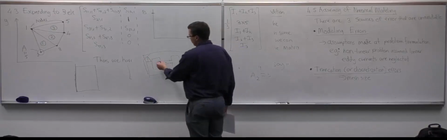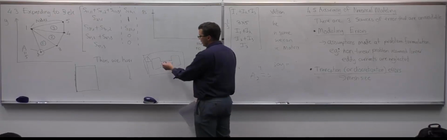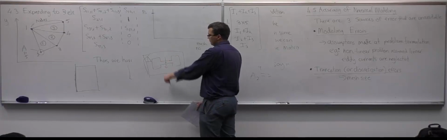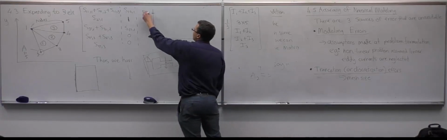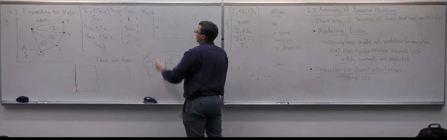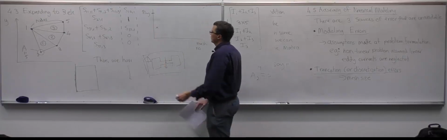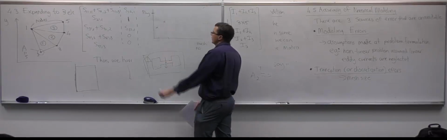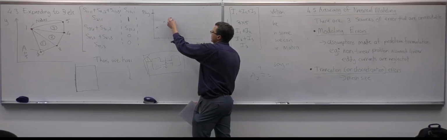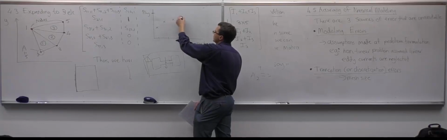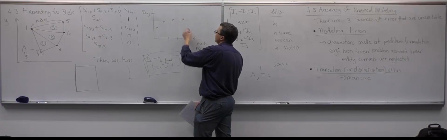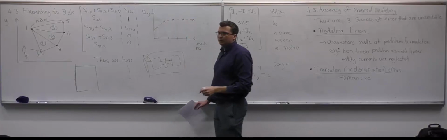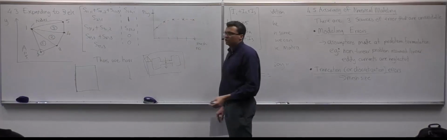You could try not too many, and then calculate what the flux density is in, say, the y direction, and you might get this value here. Then you increase the number of elements, and it changes. It goes up. Then you increase the number of elements again, and it changes, but not as much. And you keep doing that. And then at some point, if you increase the number of elements more, you're really not going to get any change.